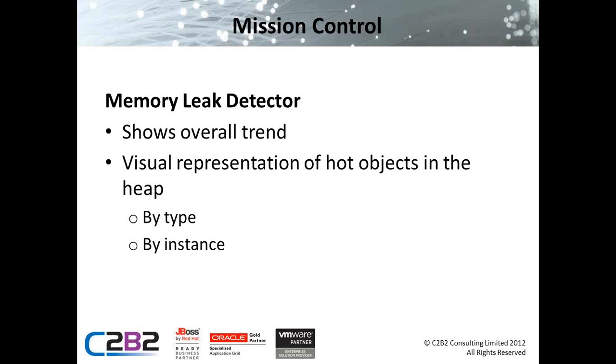So for commonly used classes, so perhaps a java.lang class, you can see just the instances that are used by your application rather than those instances which are used by the system. And finally, it also shows where objects are allocated. So in other words, you can see the stack trace for each method which is holding an instance of the type that you're interested in, and what percentage of instances are held by each method. And we'll look at that in just a moment too.